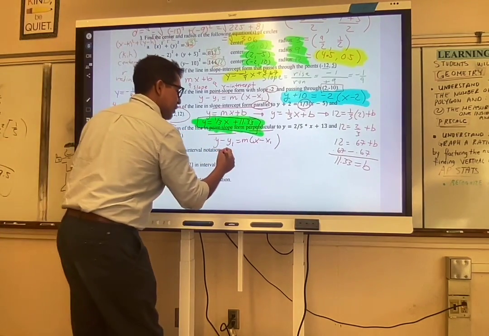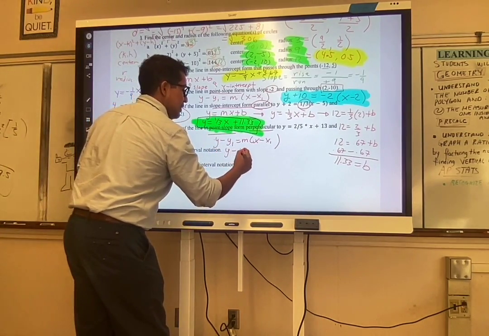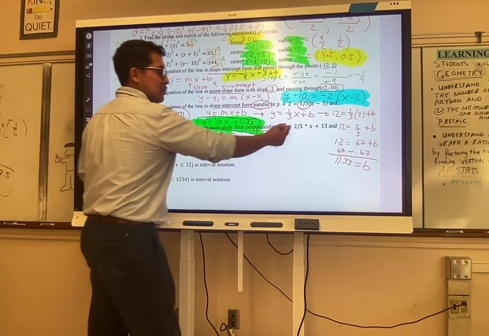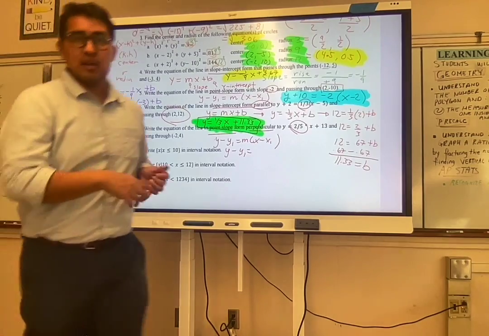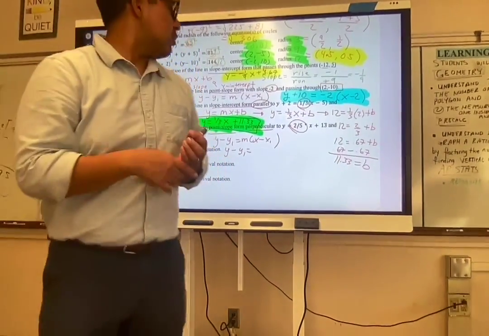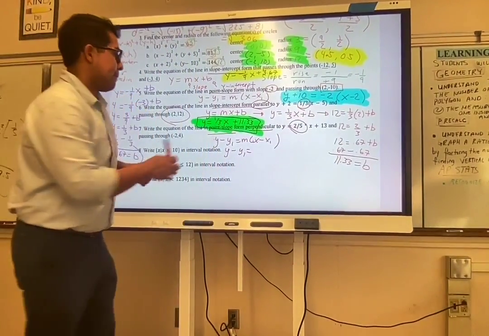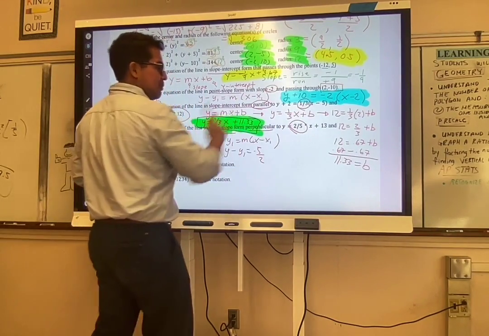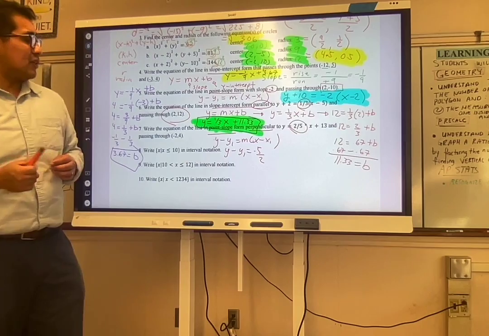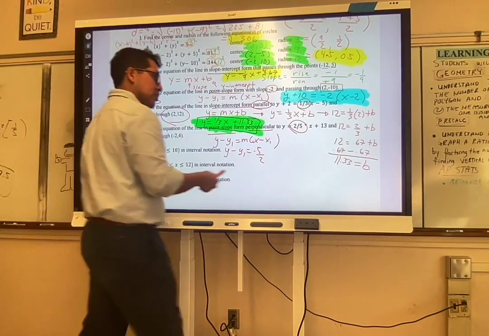So when I'm building my equation, I could write it like this. Y minus y1 equals, what's the slope of the given thing here? 2/5. So the perpendicular slope would have to be, take the 5, put it over the 2, add a negative, because that's a positive slope, so I need the perpendicular slope to be opposite and reciprocal, okay?